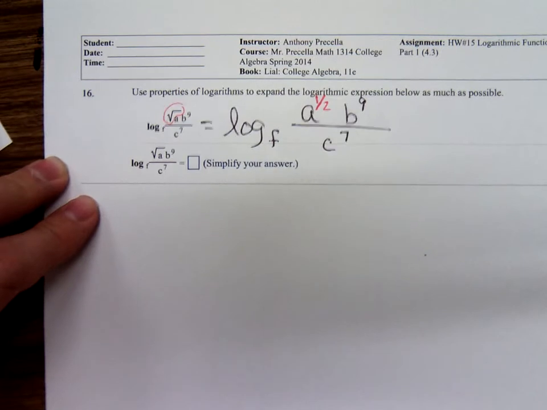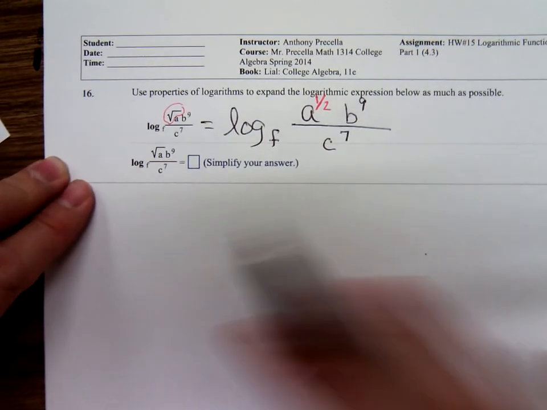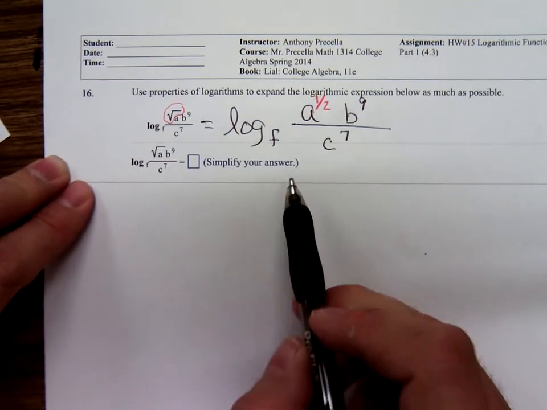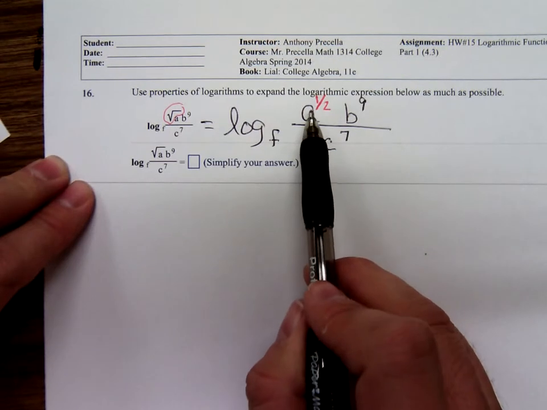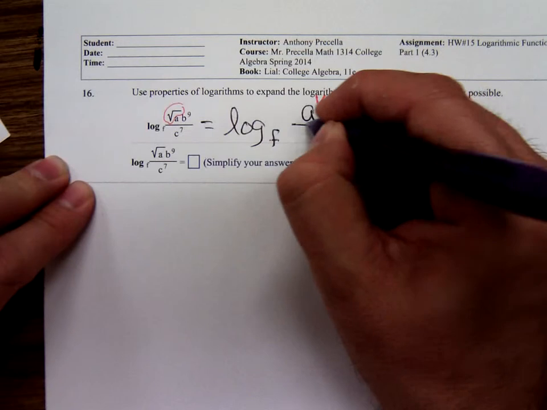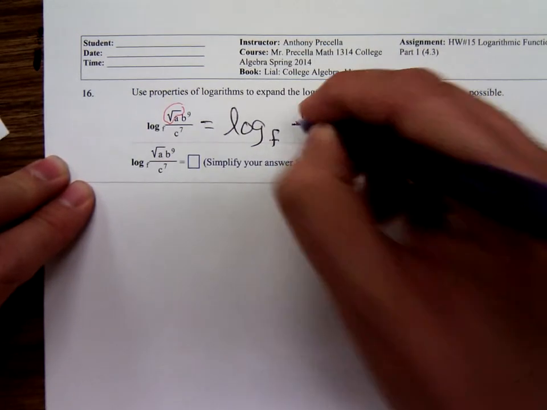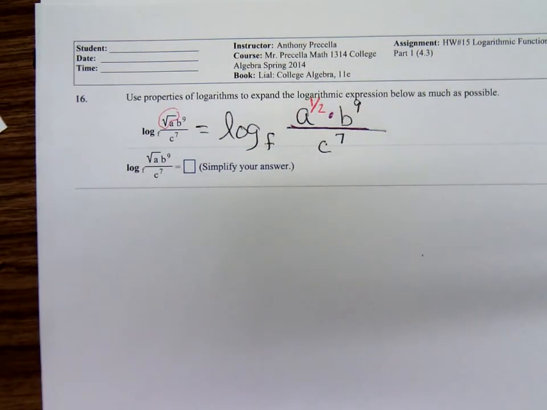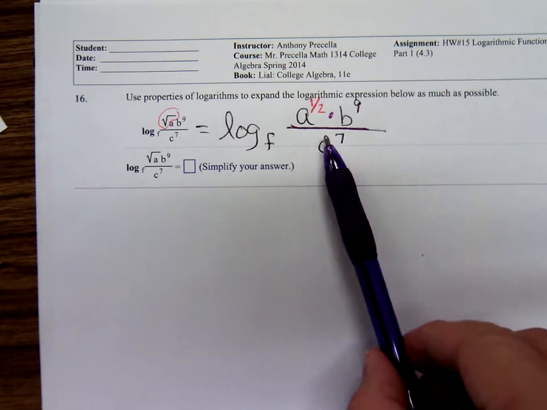So, is that anything difficult? How do we expand it? Well, there's going to be how many logarithms? 1, 2, 3. Separate at multiplication and division. How many minus signs are we going to have? Well, we're going to have one minus sign, that C to the 7th in the bottom.